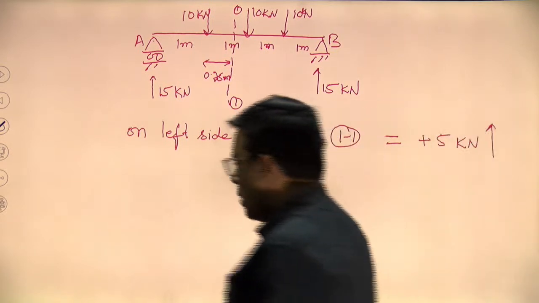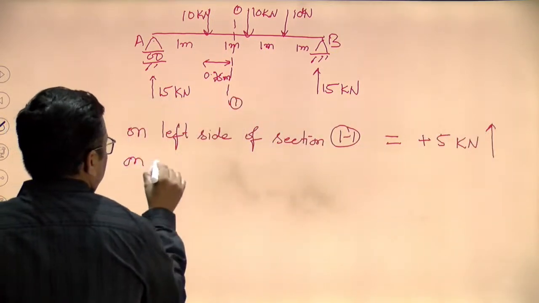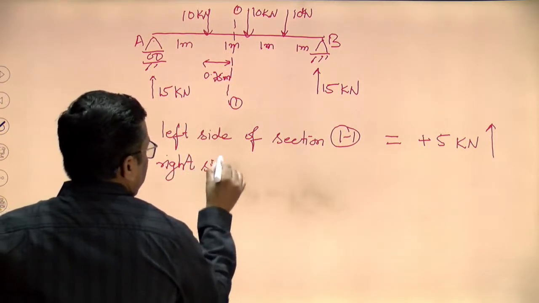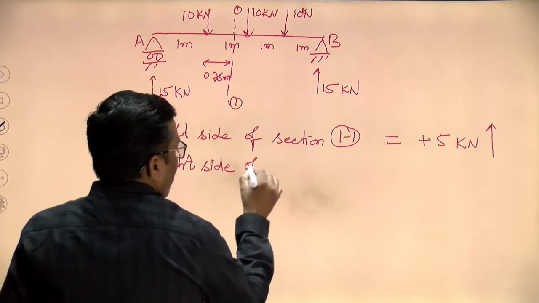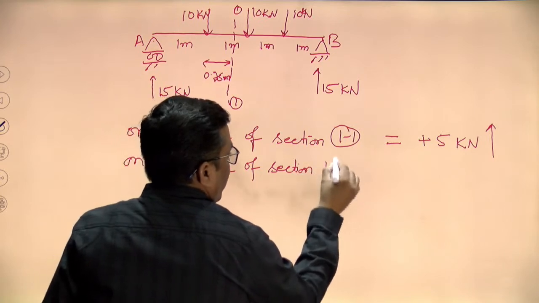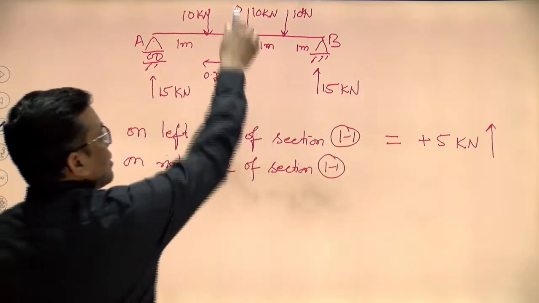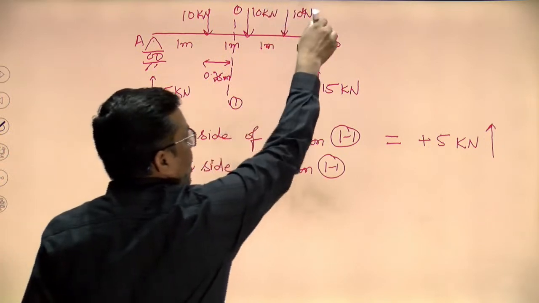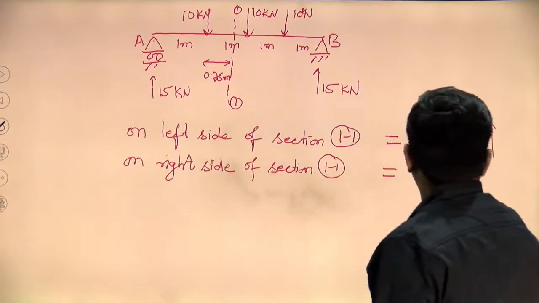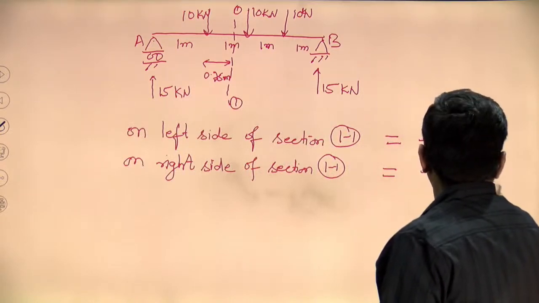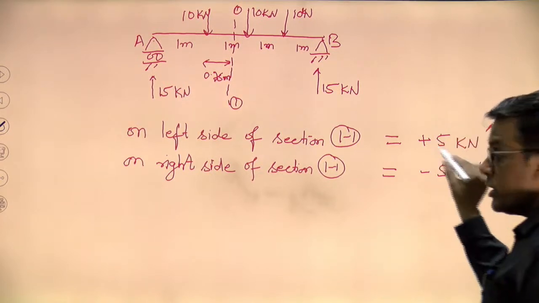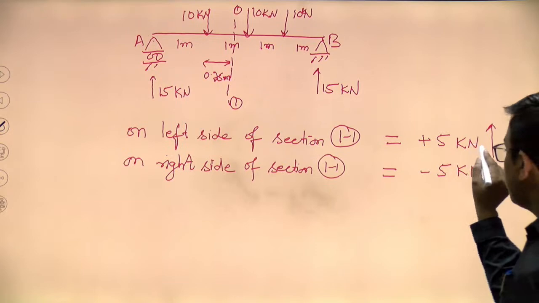Now coming to the right side of section 1-1. What are the forces? Minus 10 plus 15. What will it be? Minus 5, downward. This is the resultant of the forces. I am not saying it is a shear force yet.